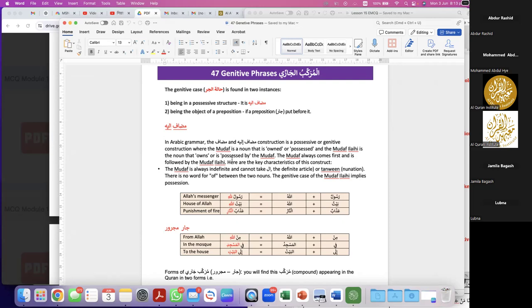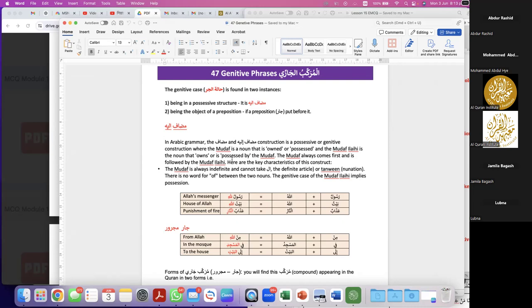One of them will originate from a Harf, Jar, preposition, and we know the use of it. And we also know about Mudaf Mudaf ilayhi, where the Mudaf ilayhi takes a Majroor state, correct?